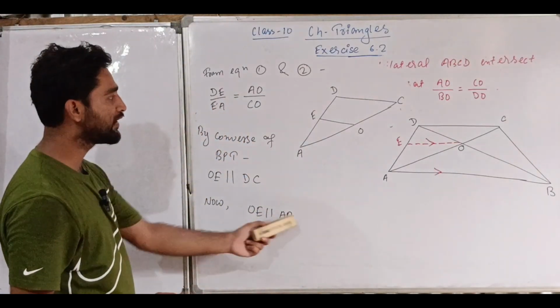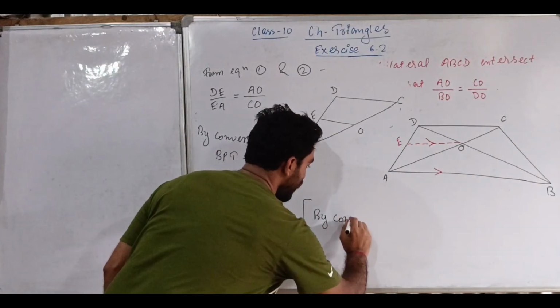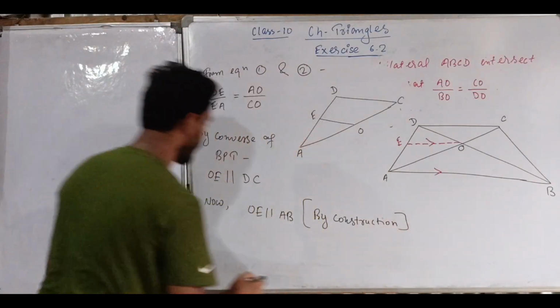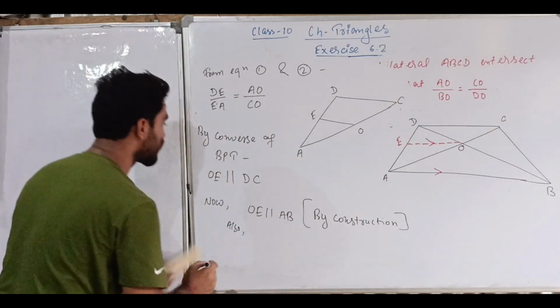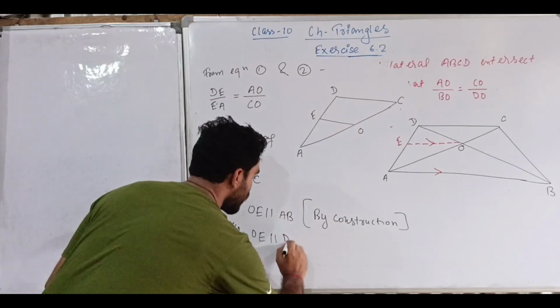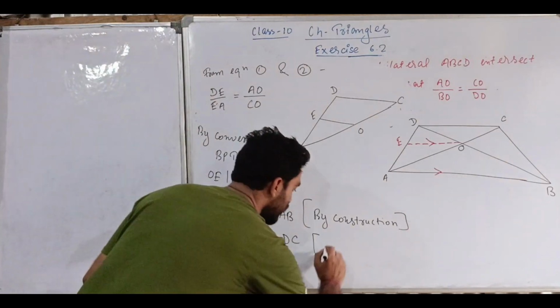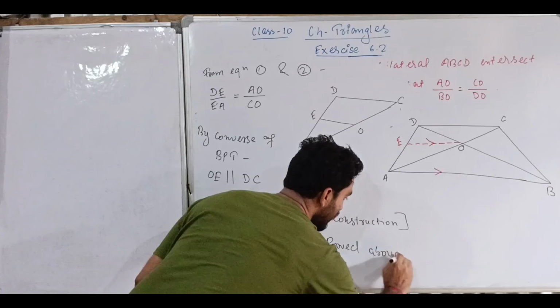From where do we know this? By construction. Also, what did we get? OE is also parallel to DC. From where do we know this? Just now we have proved it, proved above.